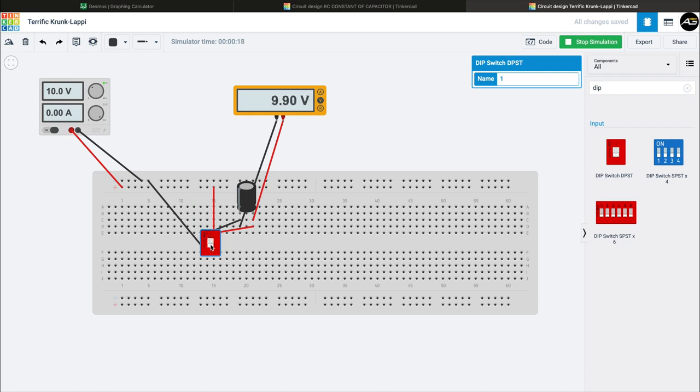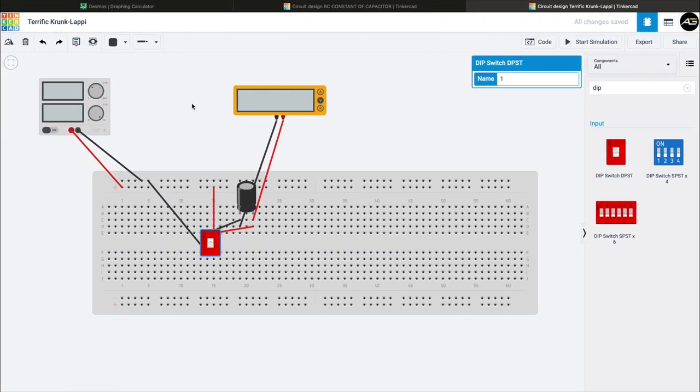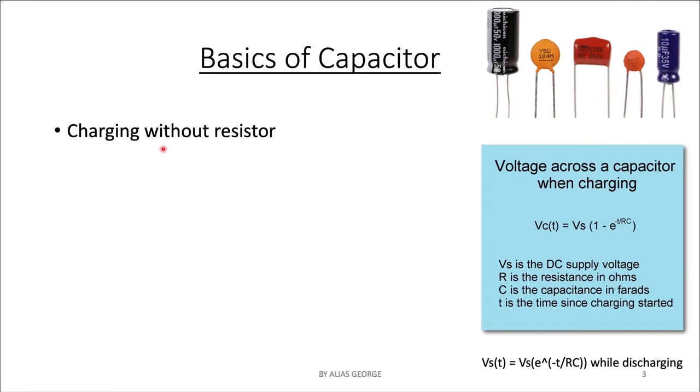Just look again, it will get 10. Within a fraction of a second, the capacitor gains the voltage of the voltage source, so there is no time delay. This is the case without the resistor. You can see I have not used any resistors. So we can conclude that if there is no resistor, the capacitor will attain the voltage of the voltage source within a very small fraction of a second.